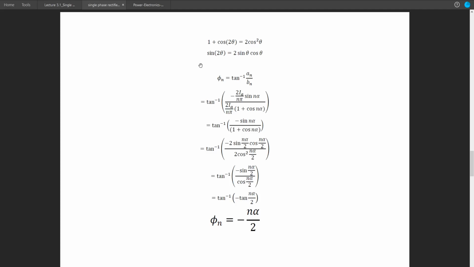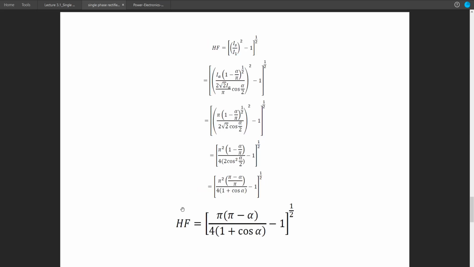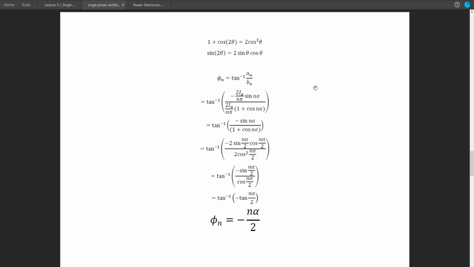So this is the basic formula we have learned in intermediate classes. So these are the detailed derivations of phi n, In, HF and PF. So you can pause the video and take a look at the derivations if you are interested.